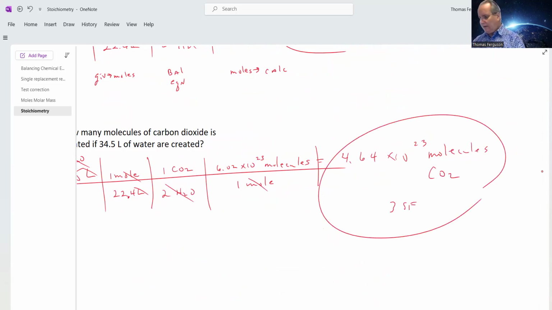Okay, did everyone do this calculation? And those of you who did do it, did you get the same answer I did? So this is the way I did it with my calculator. I went 34.5 times 6.02 EE 23. Hit the divide 22.4, divide again, 2, enter.